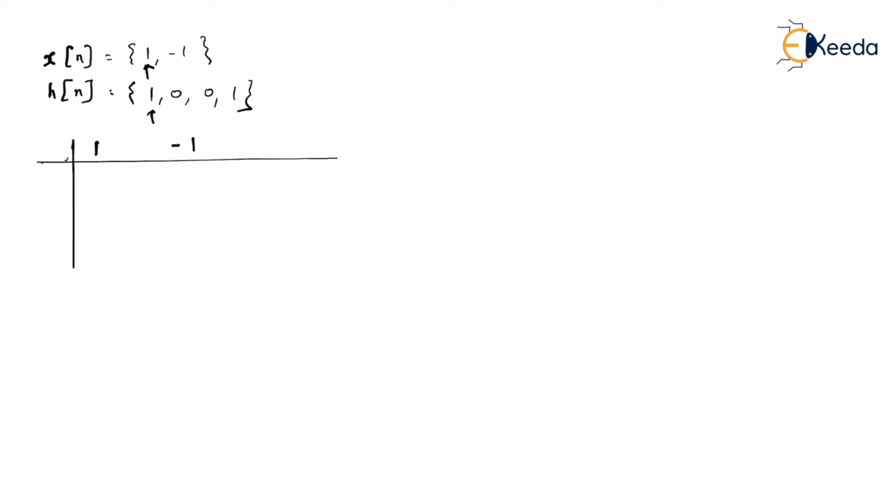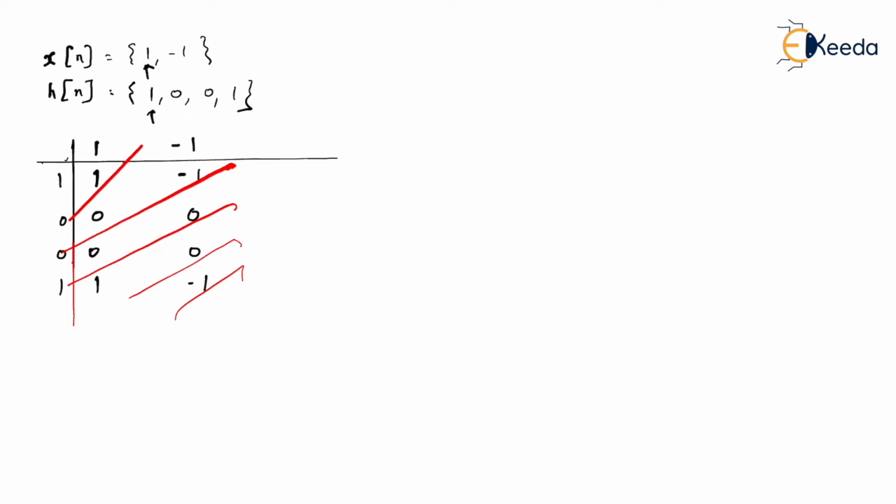The rest of the samples I'll write here, that is the h of n samples 1, 0, 0, 1. So let us go on multiplying. 1 minus 1, I'll get zeros, and again we'll get 1 minus 1. So these are diagonal elements. So you can write y of n now.